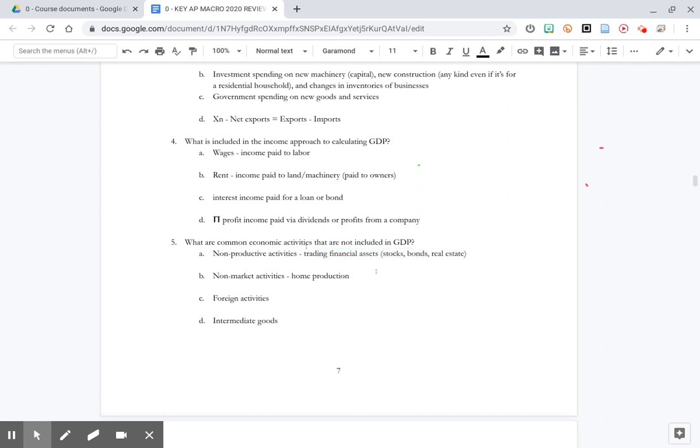Home production of any kind doesn't count unless it's being sold somewhere. Foreign activities, if they aren't exports or imports. So in other words, if I am an American and I live in France and I produce baguettes in France, I don't count in the United States as GDP. I count in France's GDP.